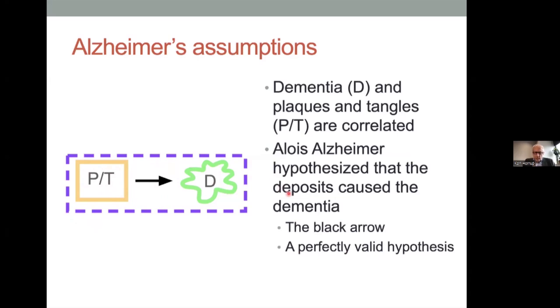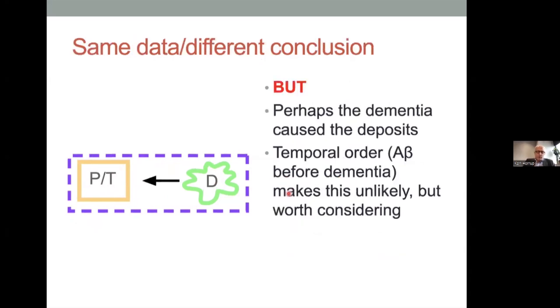But if you think about it, and if you had the same data that Alzheimer had when he made that hypothesis, you could have equally well argued this direction, which is that it was the dementia that came first, and it led to the deposits of the plaques and tangles.